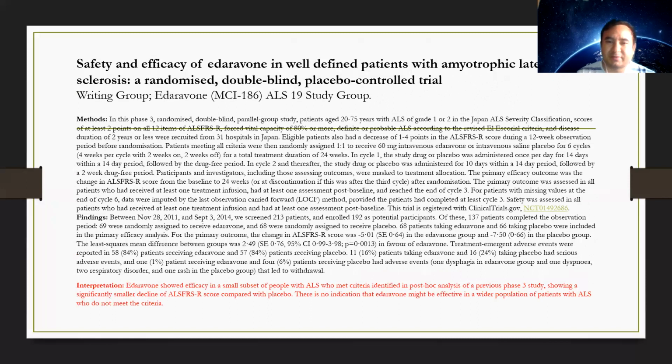The safety and efficacy of Idaribin: this is a drug which has already been approved in Japan and Korea to be used in patients with MND, and the FDA approved the use of Idaribin in MND in 2017, where they have shown that Idaribin showed efficacy in a small subset of patients with ALS who met criteria identified in post-hoc analysis of a phase 3 study.